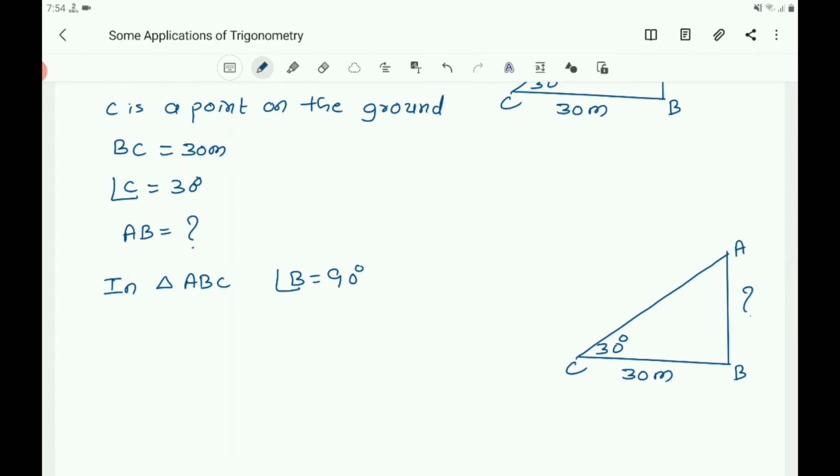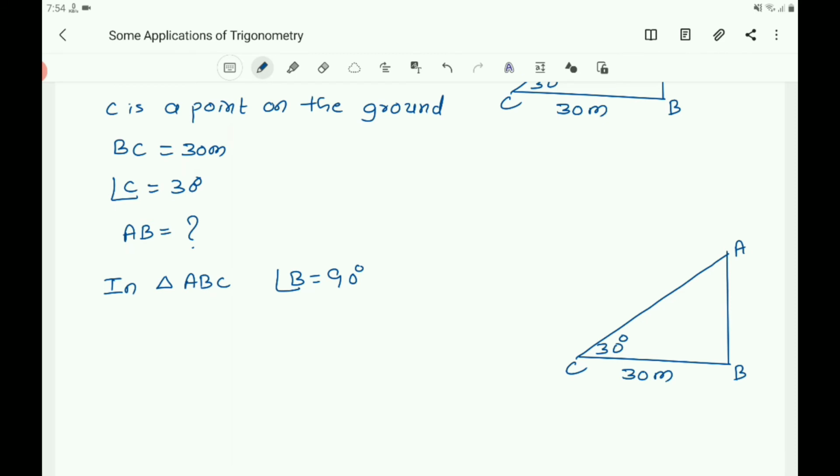With respect to the angle C, AB is the opposite side and BC is the adjacent side. AB is to be found out. So find the ratio which is having the opposite side and adjacent side, that is O by A.